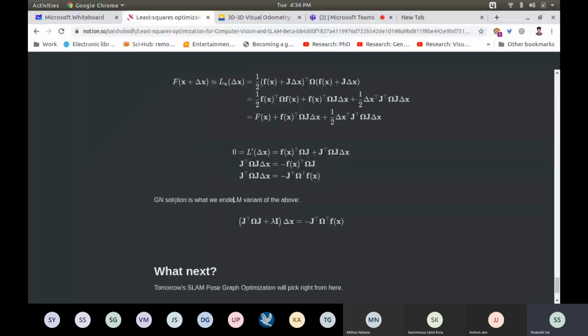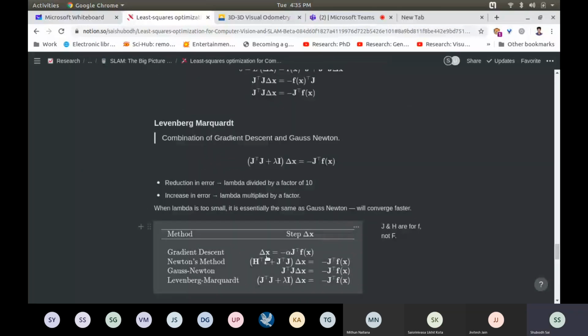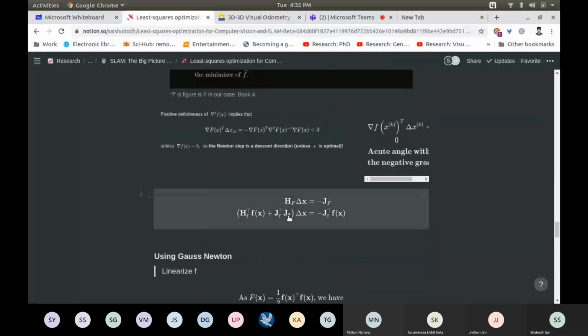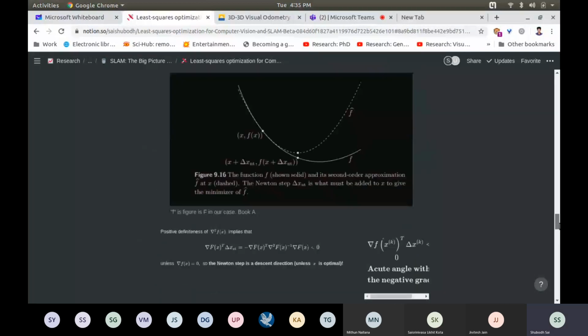Any other questions? Okay, if you understood Newton's method, this solution, basically delta x is equal to minus of Hessian inverse into Jacobian, then it's just matrix algebra.